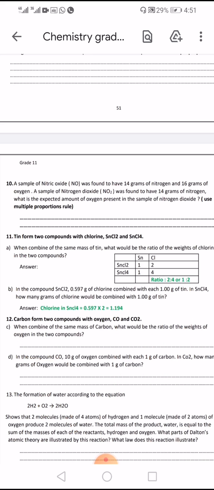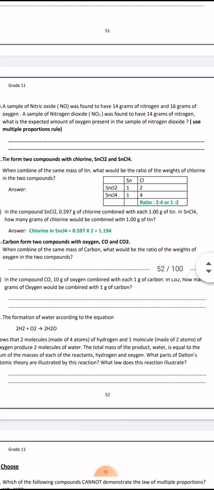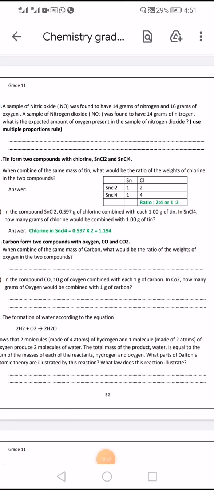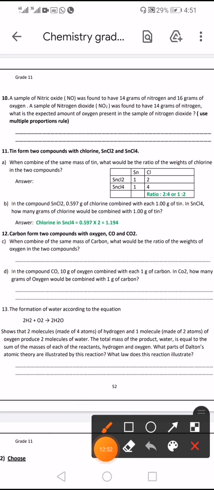Last one, number 13. Here we have the following equation. Show that two molecules made of 4 atoms of hydrogen and 1 molecule made of 2 atoms of oxygen produce 2 molecules of water.